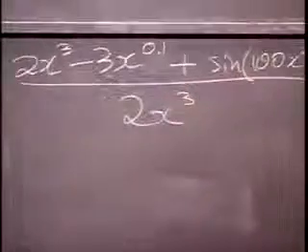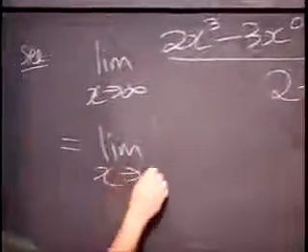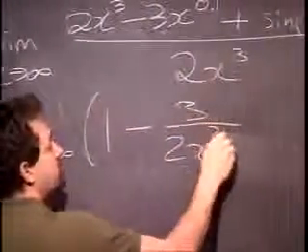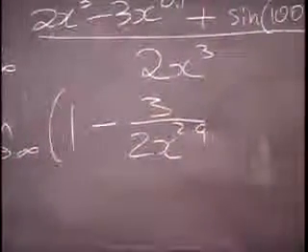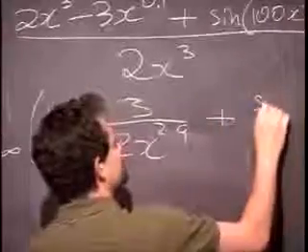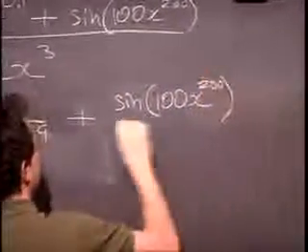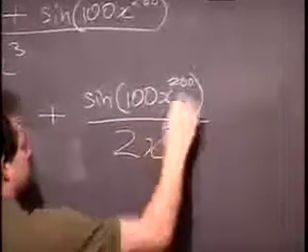So this time we get 3 terms. First one is 1. The second is 3 over 2x to the 2.9 as it was before. But now we have an extra term.